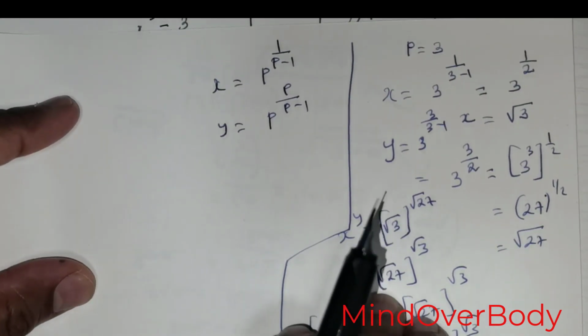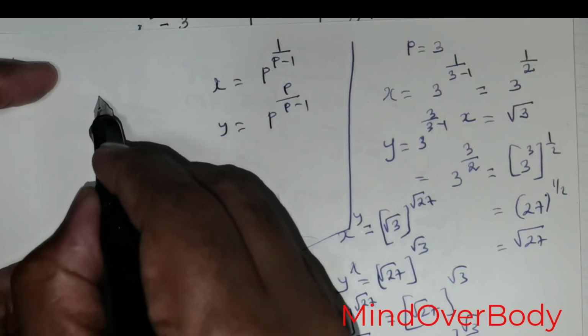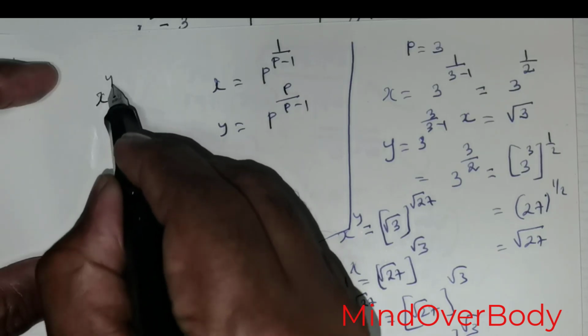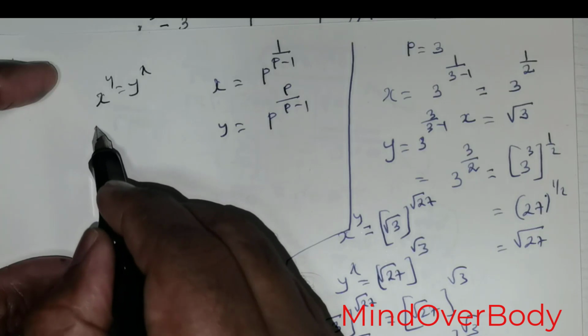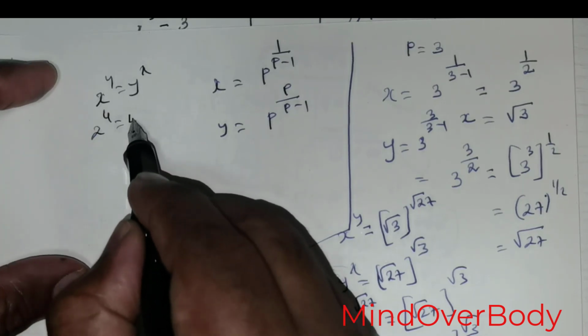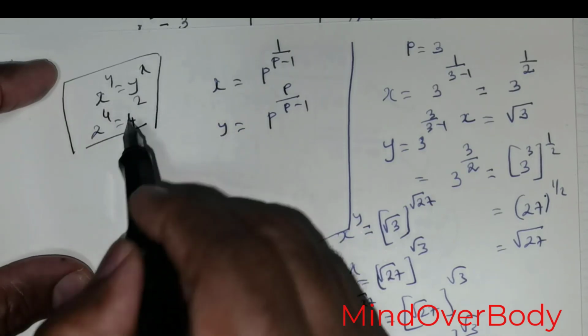Now there are two straightforward solutions that we have found. In fact, just one solution we know: x raised to the power y is equal to y raised to the power x. When x is equal to 2 and y is equal to 4, or 4 and 2, this is clearly a solution, right? 16 is equal to 16.